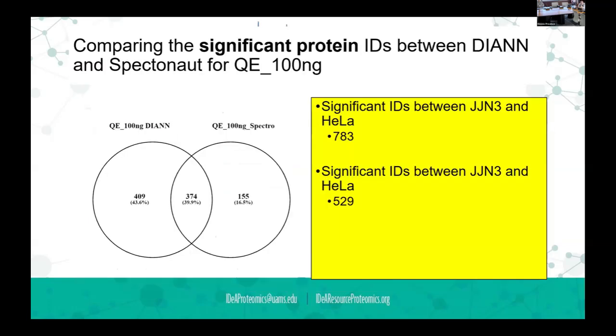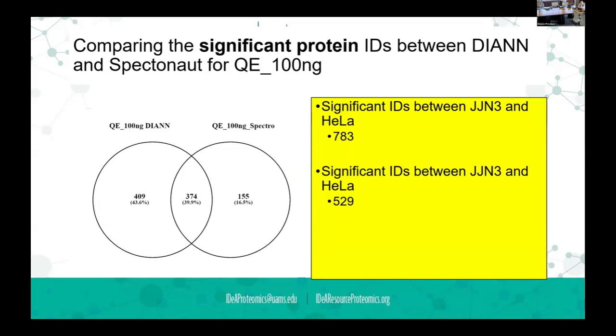So comparing the significant protein IDs between DIANN and Spectronaut for this particular thing, we get a similar sort of result. We get about 783 for one, and we got 529. I believe DIANN is bigger.